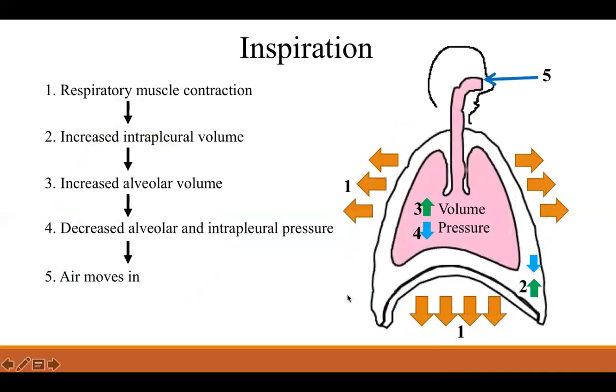And here we have a step-by-step event. Respiratory muscle contraction is shown, one here, so the expansion of the chest cavity, and then 2 would be increased intrapleural volume. Yes, increased intrapleural volume, decreased intrapleural pressure. Okay, the blue line is showing drop in pressure.